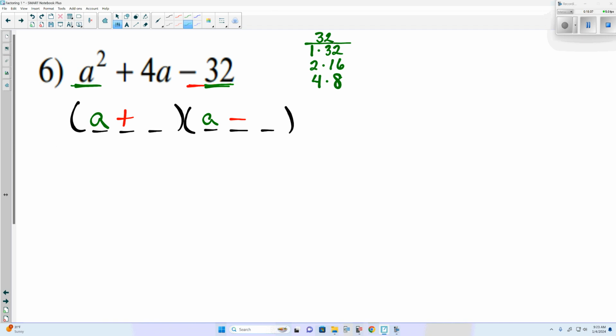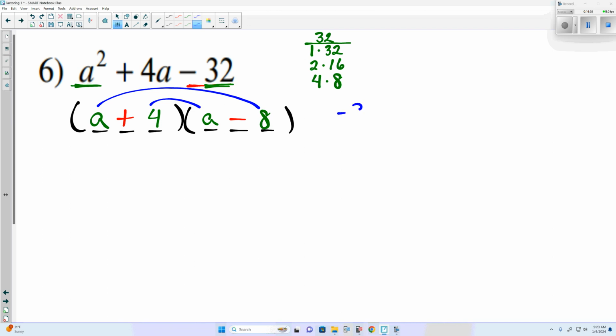Now, which one of these do we want to try first? 4 and 8. We can do 8 and 4. Either one works. Because the last thing we need to do is check this here. Again, we could still do a times a, which would give us a squared, which is what we want.